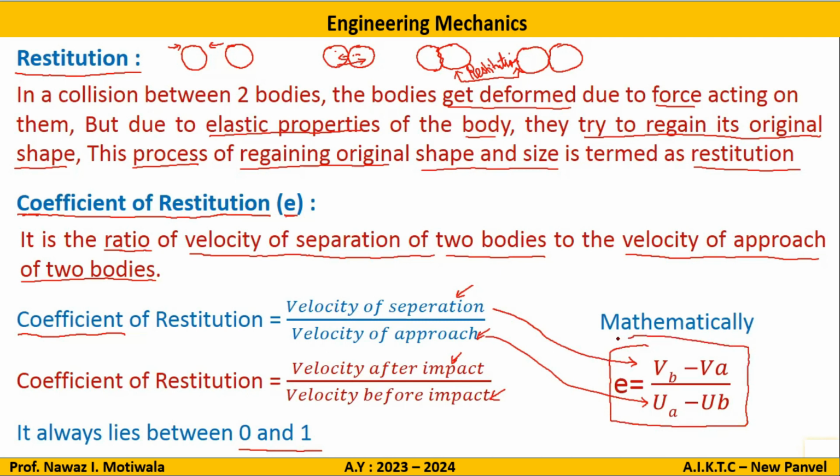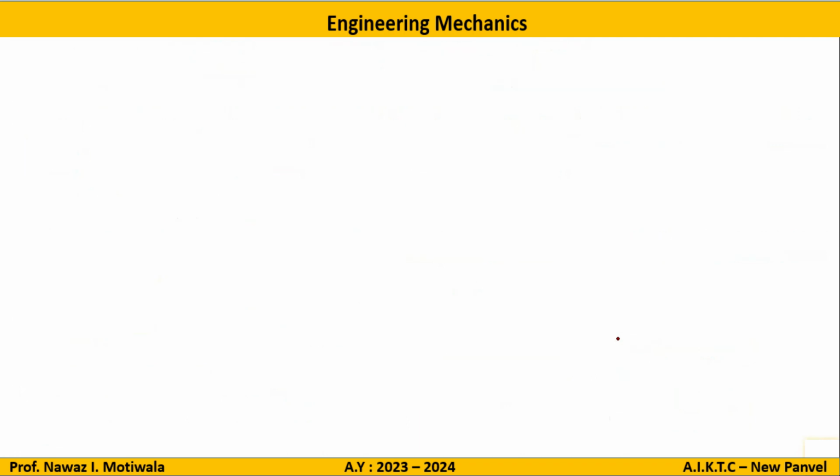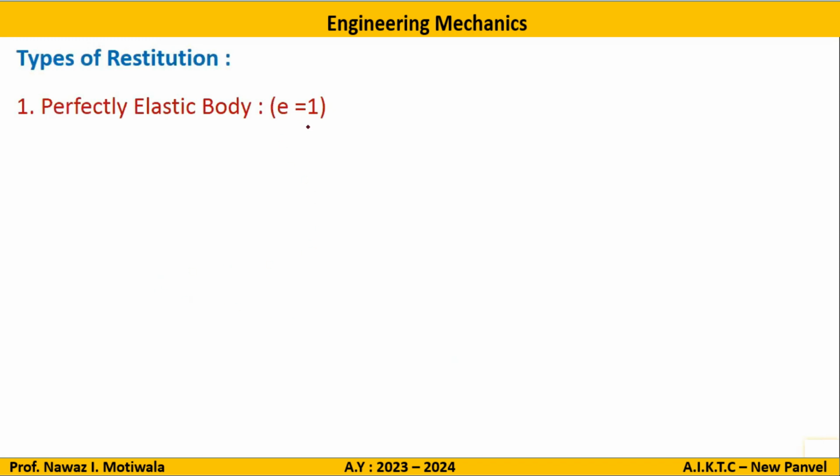Now let us proceed to the different types of restitution. The first type is the perfectly elastic body. In the previous discussion we saw that when two bodies collide with each other, there is some deformation in the bodies, and they try to regain their original shape and size.